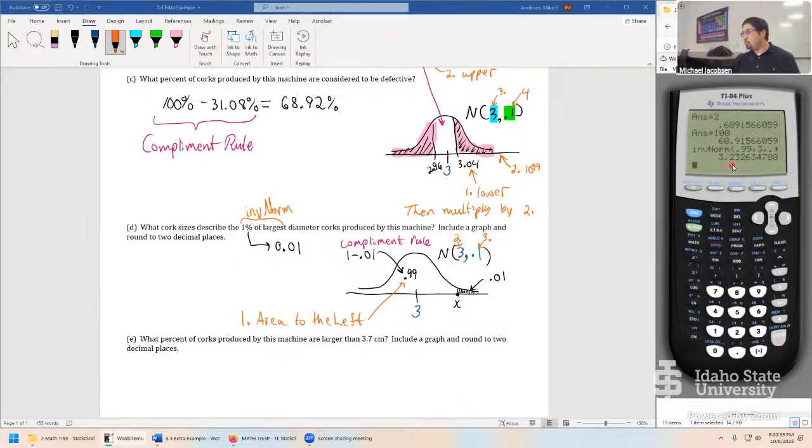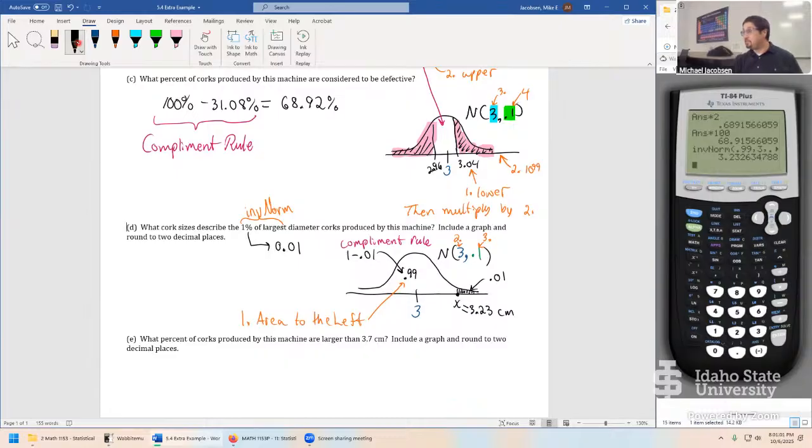Comes out to 2 decimal places, 3.23 centimeters. Which is, again, probably going to shatter the wine bottle if they try to fit it in. It was only going to work up to 3.04 centimeters for the wine bottle specification. So that's way out of the specification.